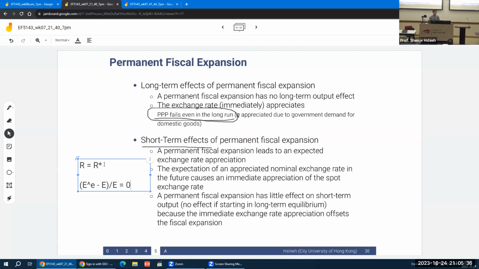In this special case, if you do have a fiscal expansion, that fiscal expansion will have a 0 effect on output, and it must be true. Otherwise, you get a contradiction.